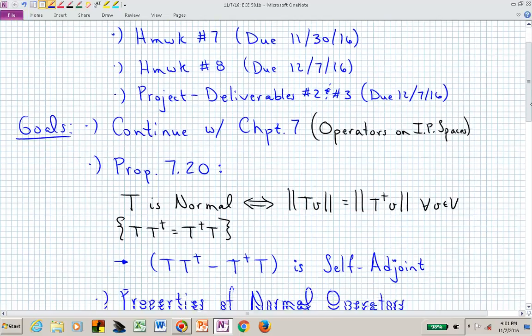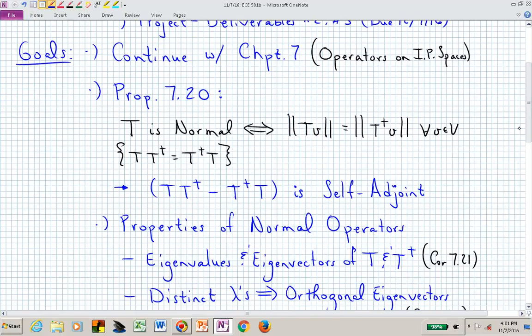What I want to do today is continue with operators on inner product spaces, which is chapter 7, and in particular pick up with this concept of an operator being normal. That's not in contrast to it being weird, but normal means that it has certain properties, or characteristics, and one is that it preserves the norm.